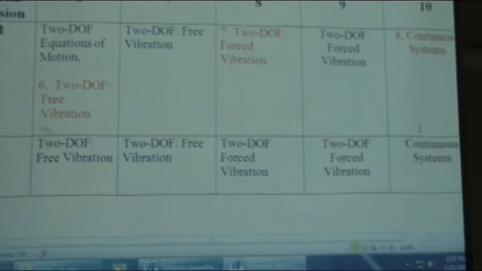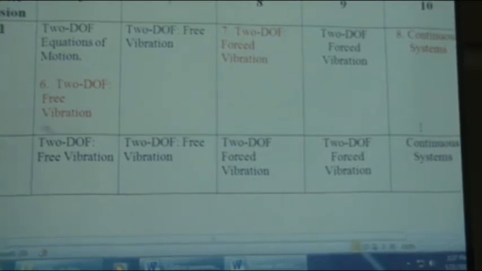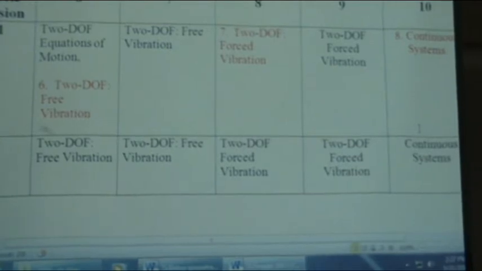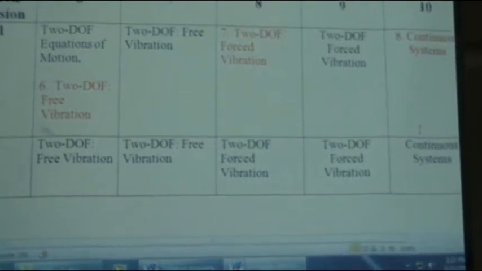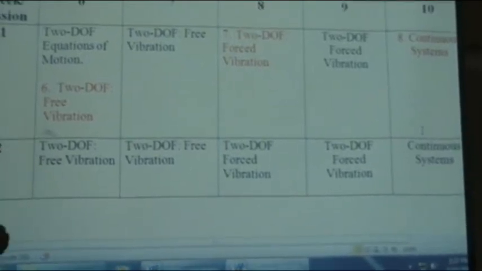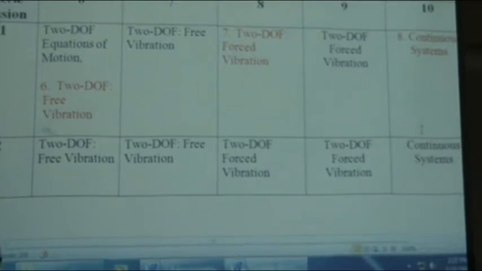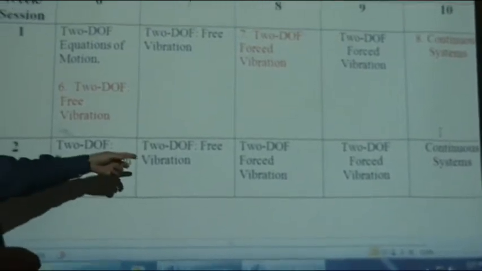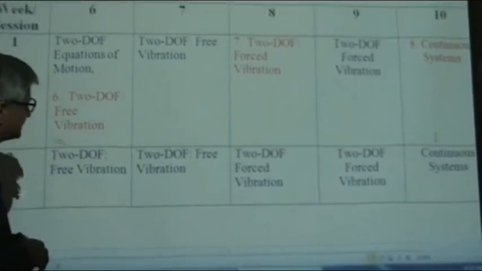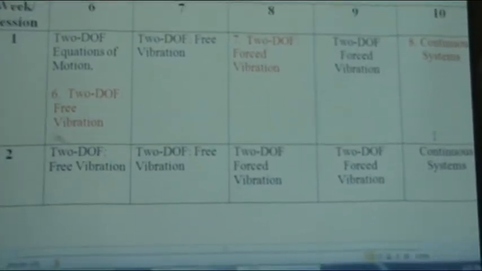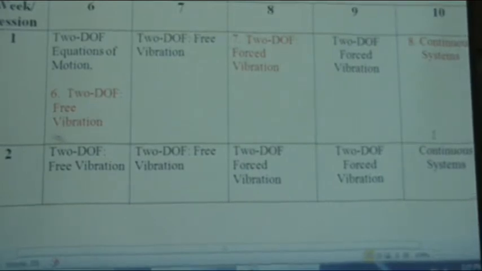We'll continue here with 2 degree of freedom systems, equations of motion. Then we'll study free vibration, and this will take, again, 3 classes. And this is an estimate, of course, depending on how fast we're making progress.